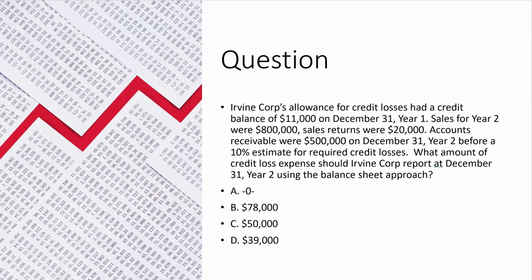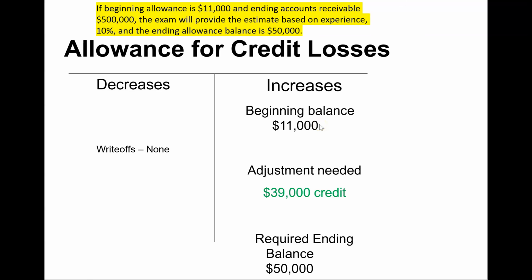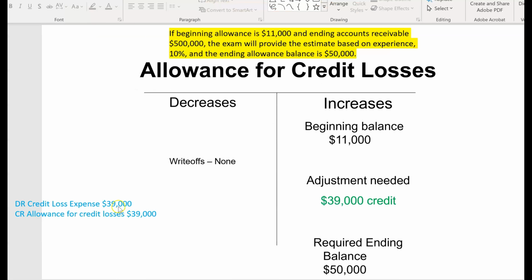Do that now. So you got 11,000 beginning balance, you got 50,000 ending balance. How do you get from 11,000 to 50,000? You need an adjustment of 39,000 credit to the allowance for credit losses. And that same 39,000 is your debit to an account called credit loss expense.